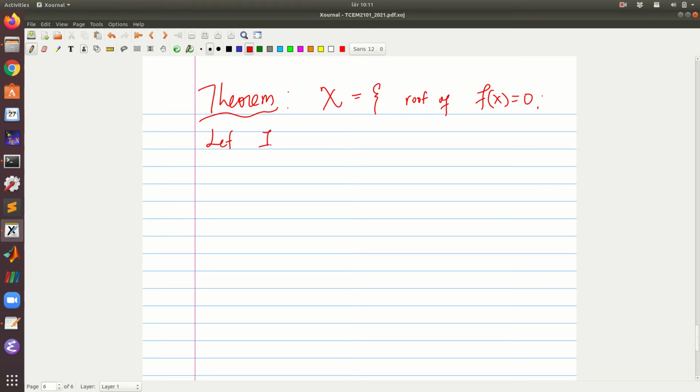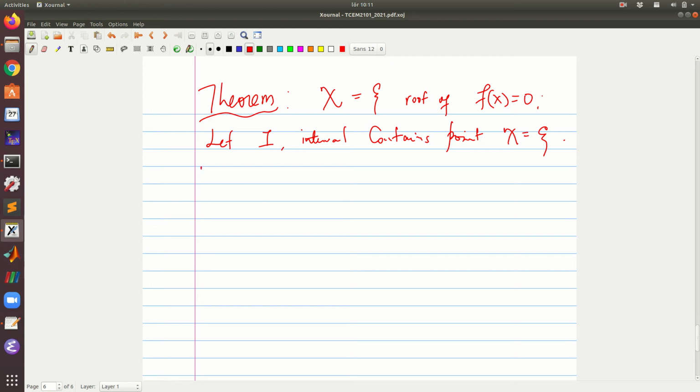Let I be an interval which contains the point x equals xi.